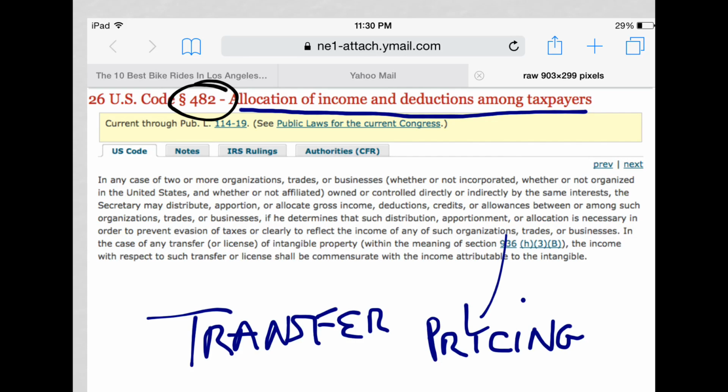That would be here, that it's two or more organizations owned or controlled directly. So that becomes the relationship issue, that they are related companies.